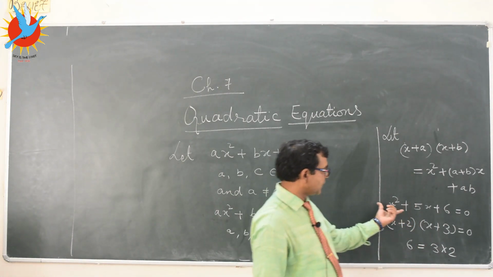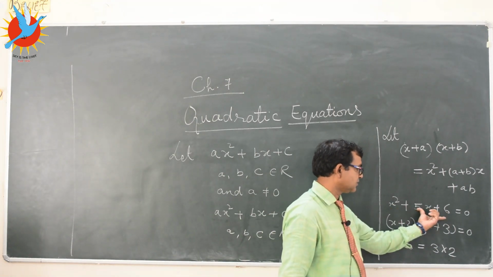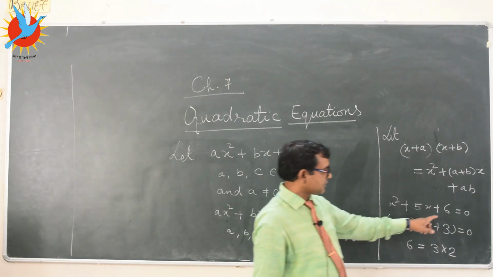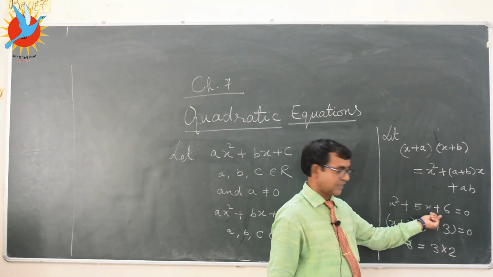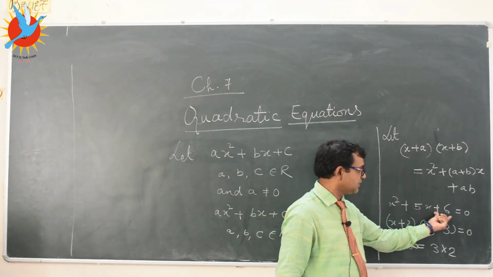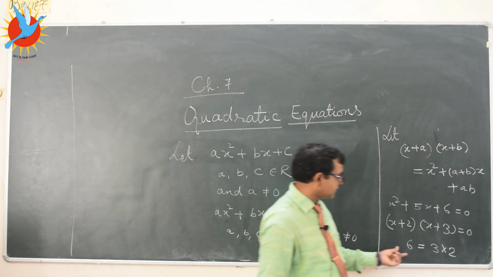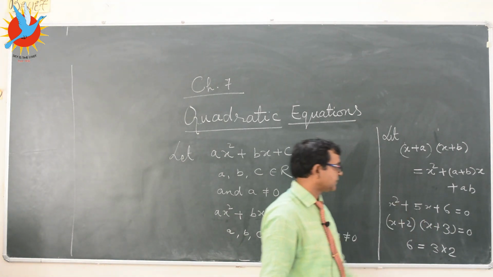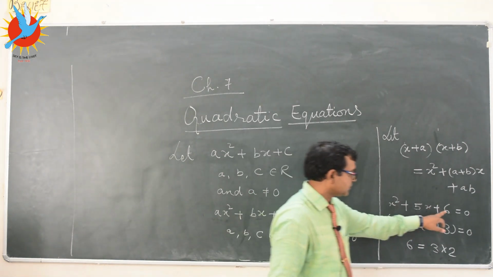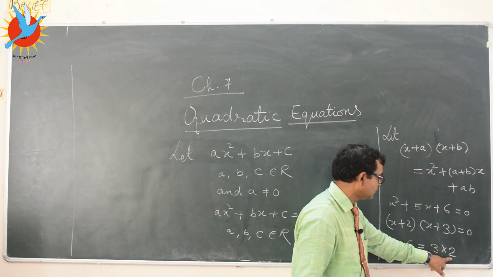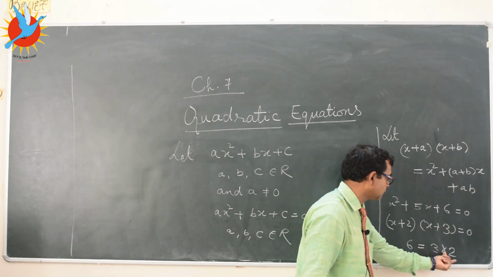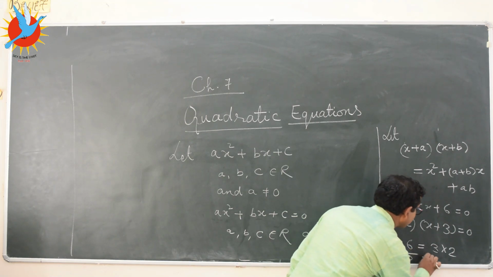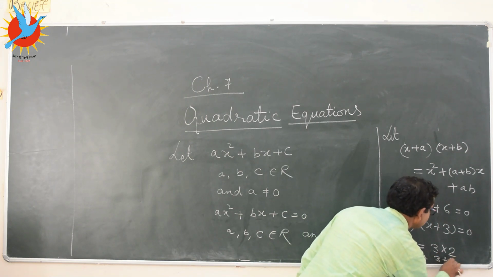So if you want to factorize this type of expression, we have to see the sign of the constant term. If the sign of this constant term is plus, then factorize it in such a way that the sum of these two factors is equal to the coefficient of x. So 6 equals 3 into 2, two factors of 6, and the sum of 3 and 2 is equal to 5. 5 equals 3 plus 2.